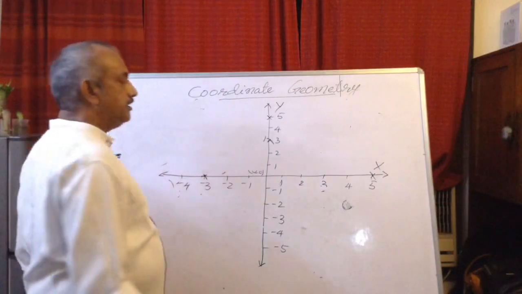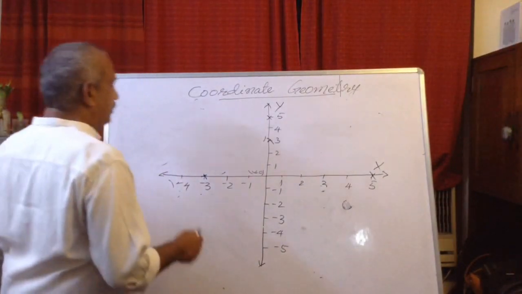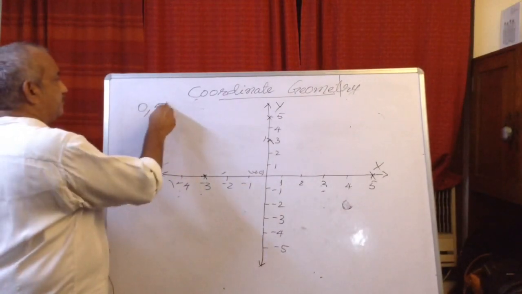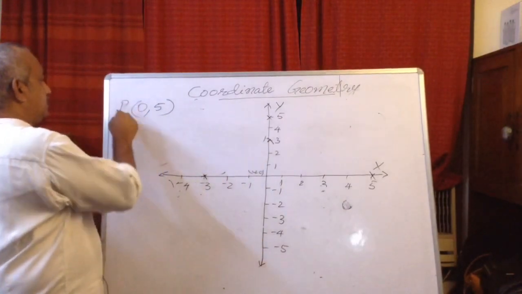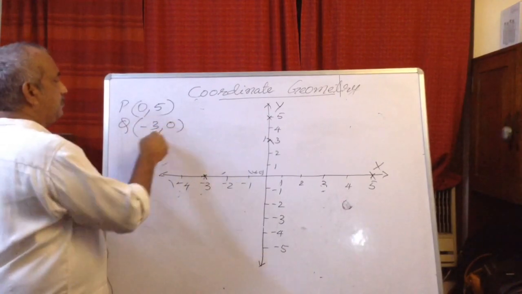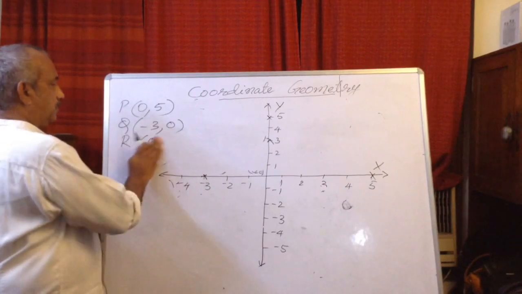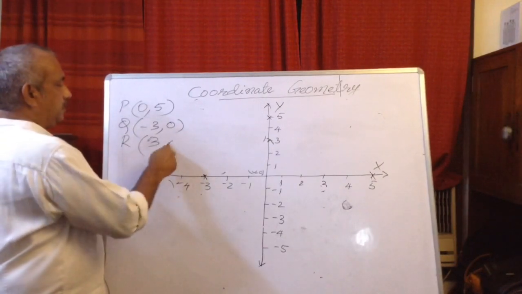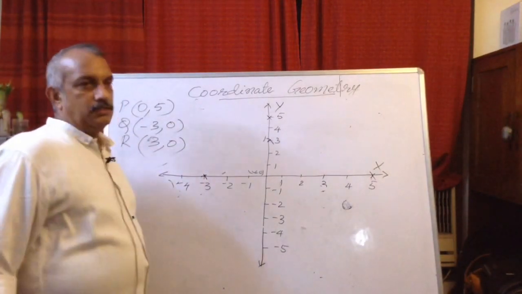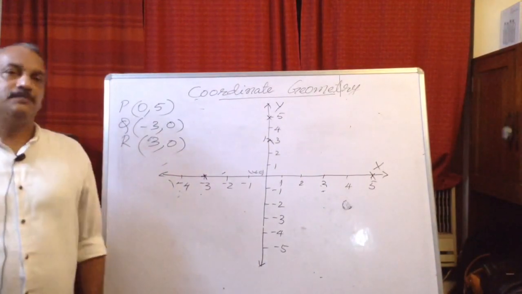So it is basic only. Now suppose the question is to mark these points, say P(0, 5), Q(-3, 0) and R(3, 0), and join them, shade the shape obtained and find its area also.